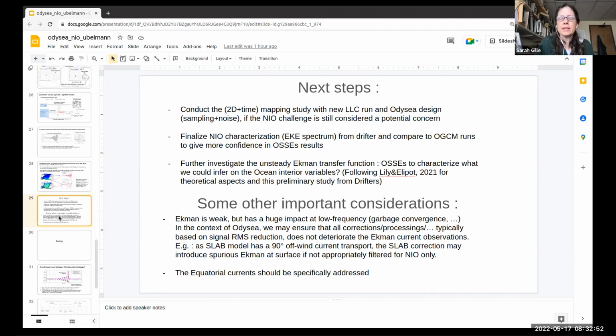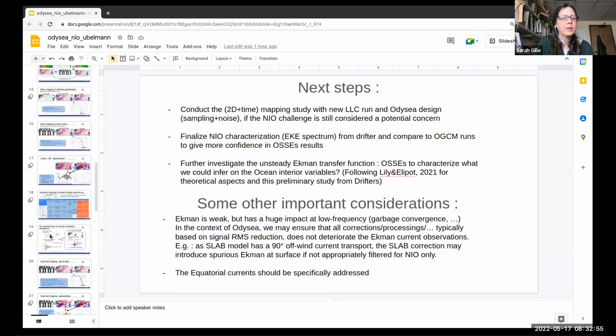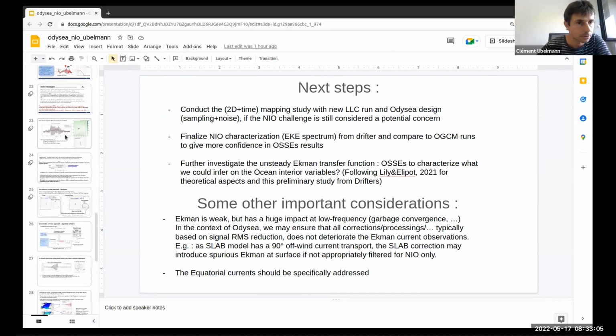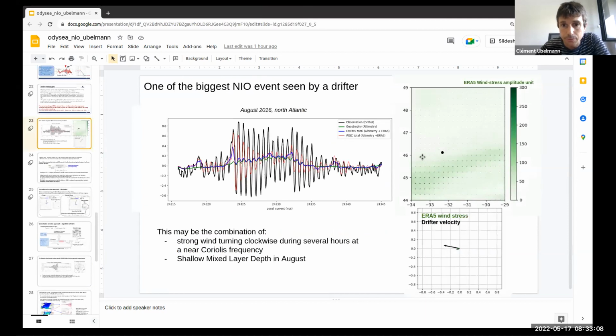So maybe to get things started, I'll just ask, in your example of the biggest event, was that a hurricane? No, I think it's a storm, a mid-latitude storm. Well, it is 46 degrees.